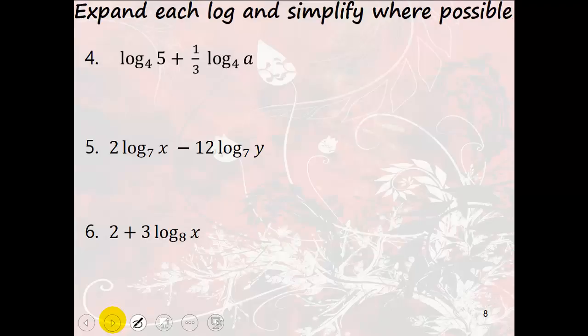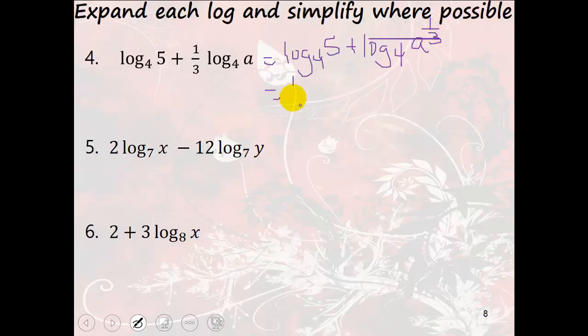Try these as your video questions, and then come on back and we'll start talking about change of base. All right, this is going to be log base 4 of the number 5 plus log base 4 of a to the 1/3. So now I can start pulling them together. So log base 4 of 5a to the 1/3.